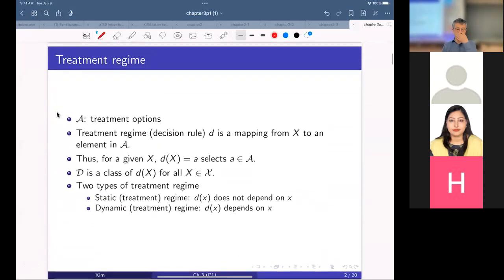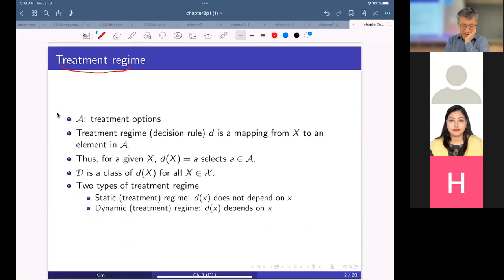So we're going to introduce some new concepts. One concept is the treatment regime terminology, essentially. Understanding the terminology is important.